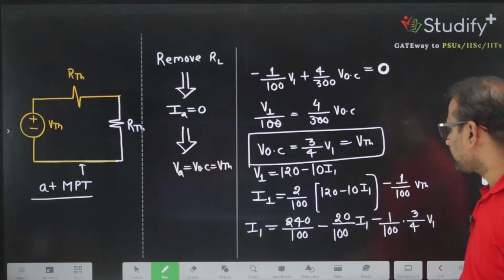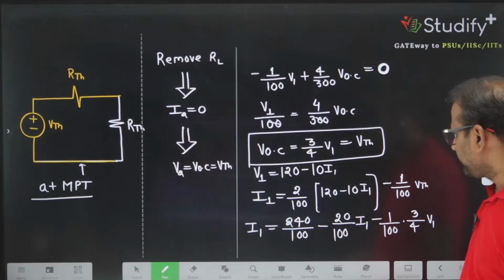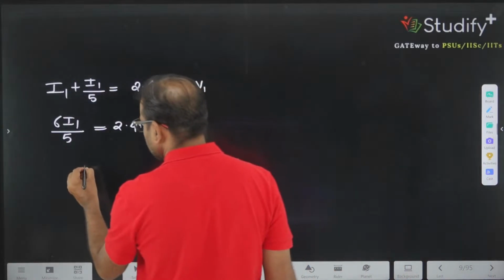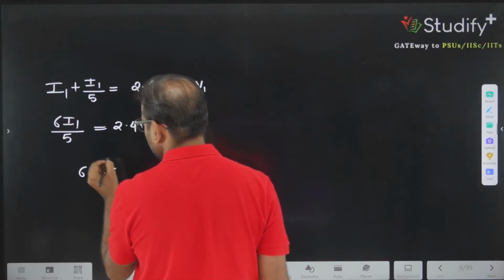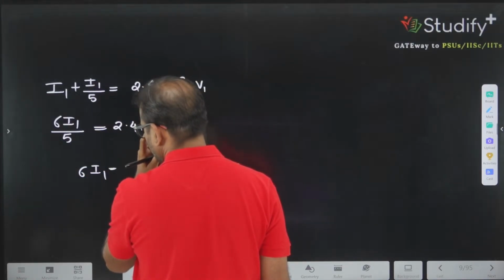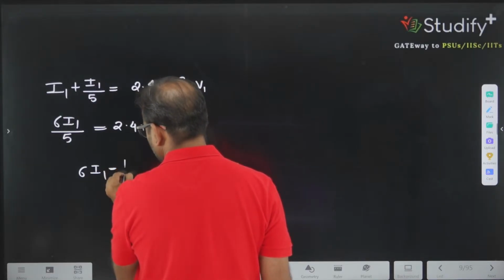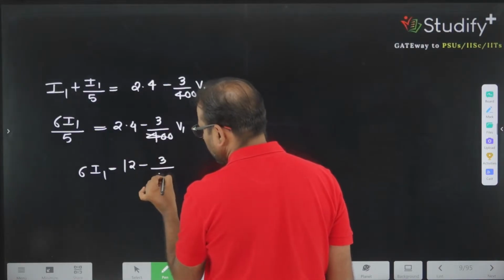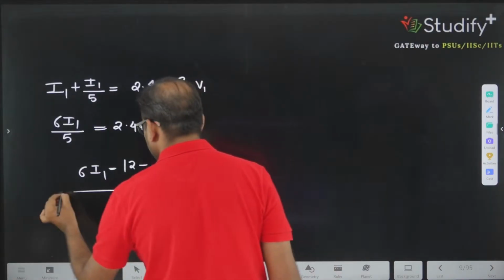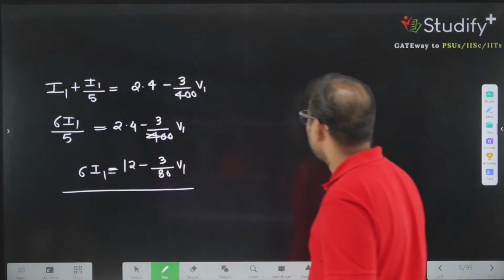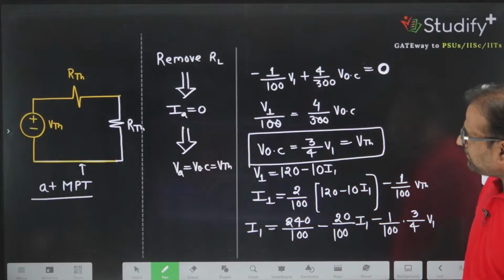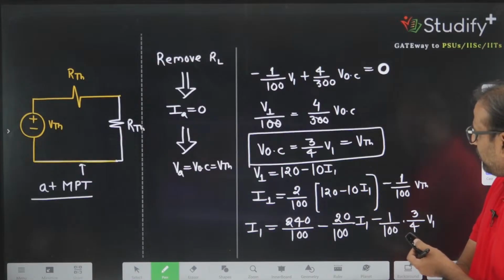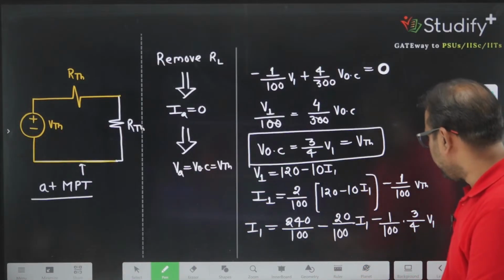Or you can say 6 I1 equals 12 minus 3 by 80 V1. These equations are given: VOC equal to 3 by 4 of V1.